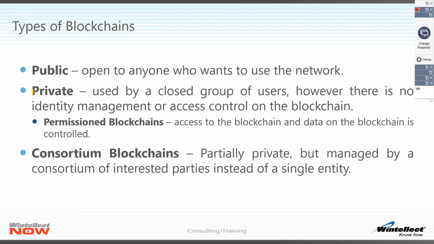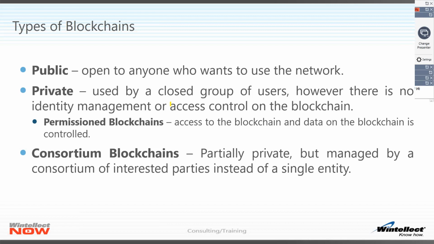Private blockchains are used by a closed group, and there isn't necessarily identity management on the blockchain. Like with a public blockchain, there isn't really any identity management either. You just have accounts out there, and the accounts are essentially a hash, and that account is where your cryptocurrencies are stored.